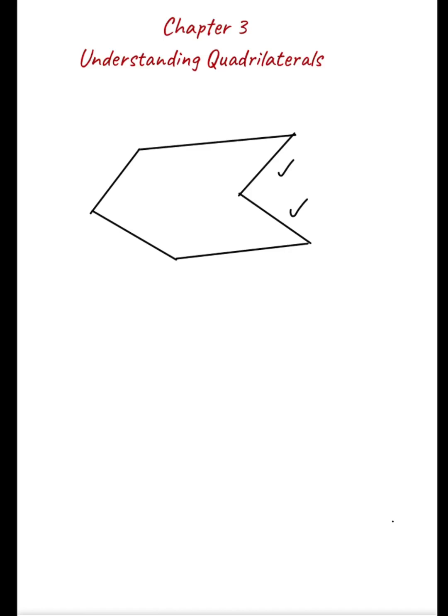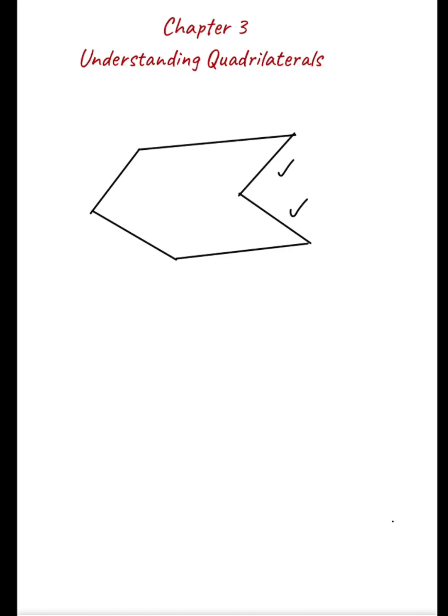Now I will draw a figure and you have to tell me whether it's a convex polygon or a concave polygon. So tell me, is it a convex or a concave polygon? What was the condition for a convex polygon? No line segments lie inside. But here you can see that these two line segments are lying inside.